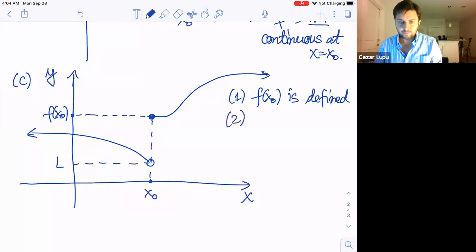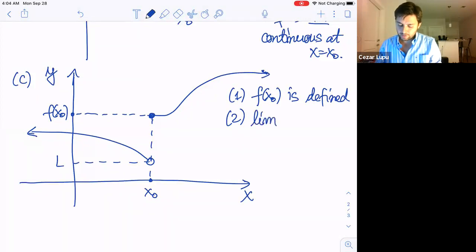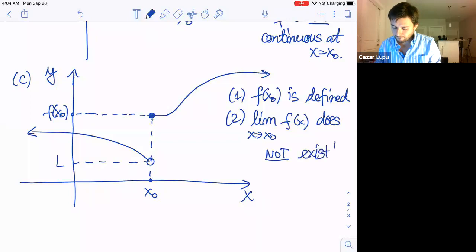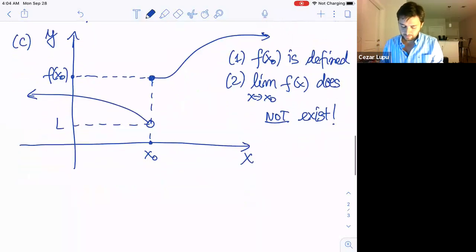The second one, if we look at the picture, the limit as x approaches x naught of f of x, well, if you look at this, we have a jump here. So the limit does not even exist, right? Well, let's explain this.